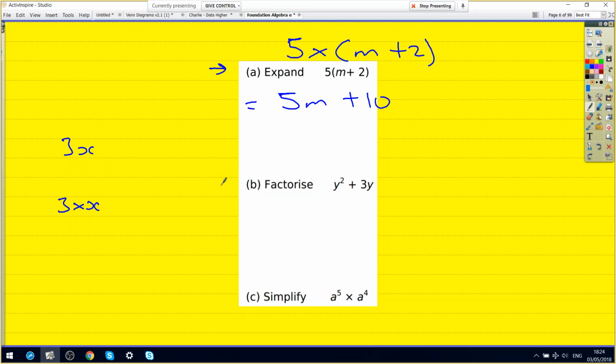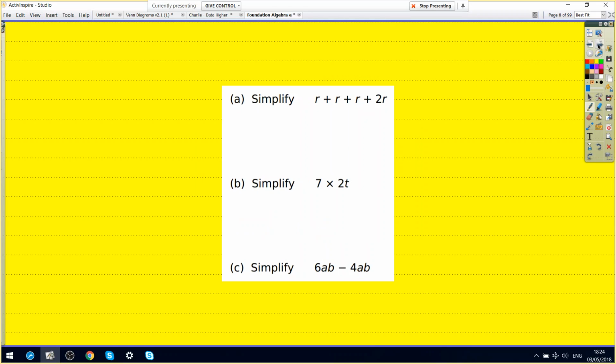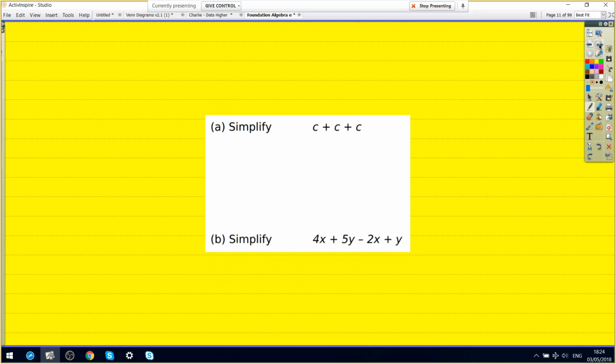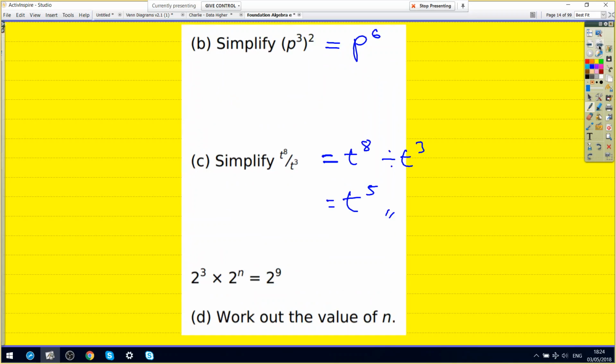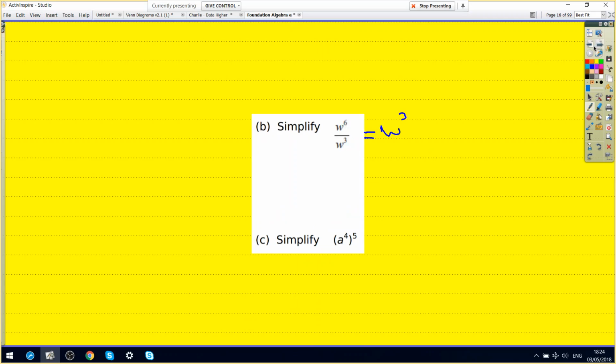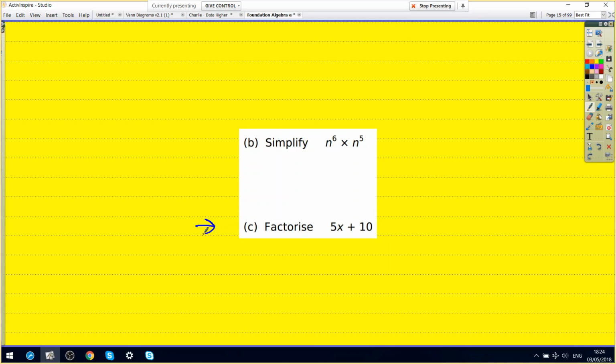Any idea how you do part C? What does that mean, factorize? That wouldn't be 15x.